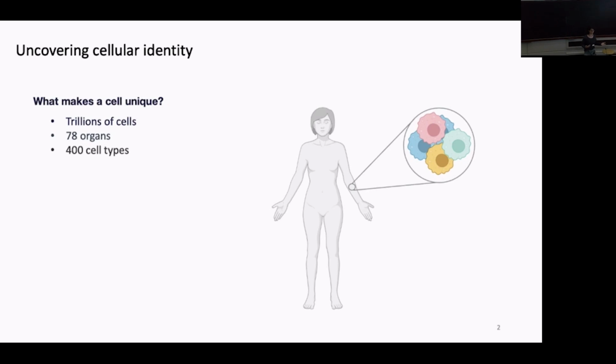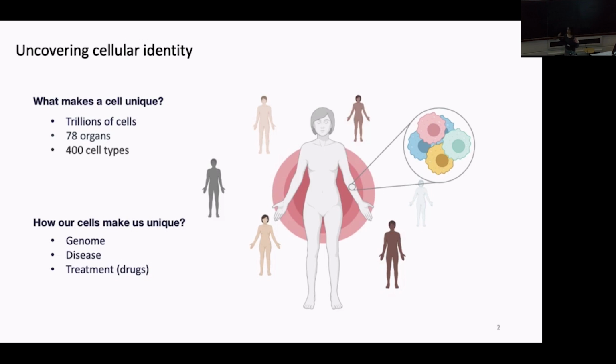And still there are some cell types that we might not know, and they are being discovered. But if we look into a population, then these variations become even more significant. Our genomes are different from each other, so our cells vary. We might have some diseases or be going through some treatments that can all change our cells.